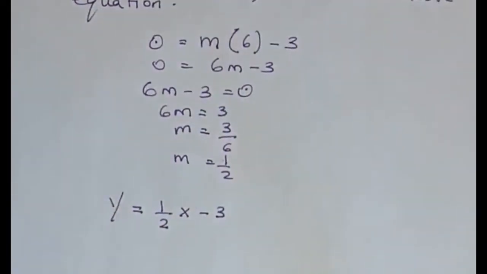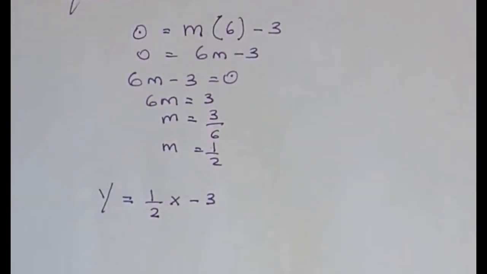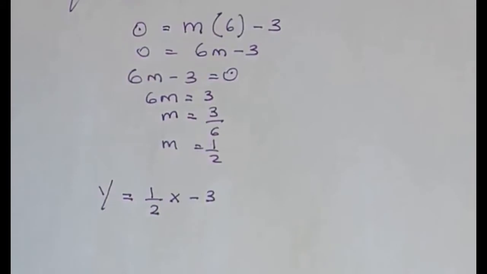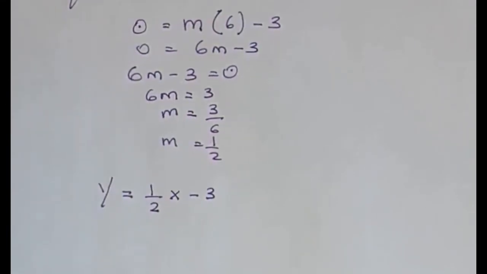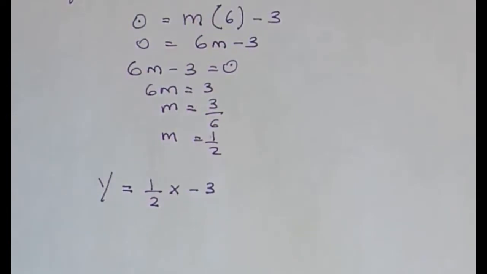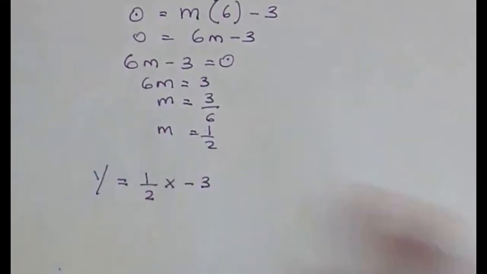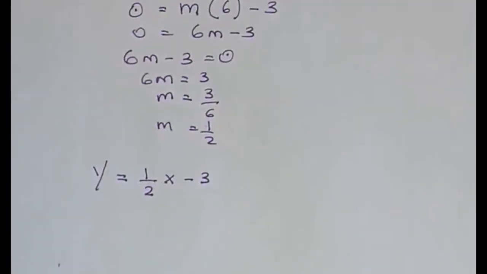But we are not done yet, since the question is asking us to write the equation in the standard form. So let's change this around. We cannot have a denominator, so we need to get rid of this 2. I'm going to multiply the whole equation by 2.